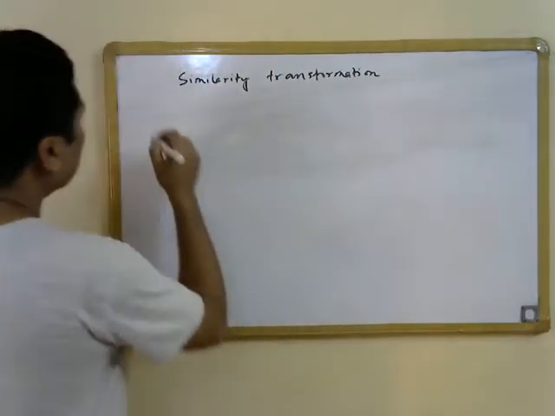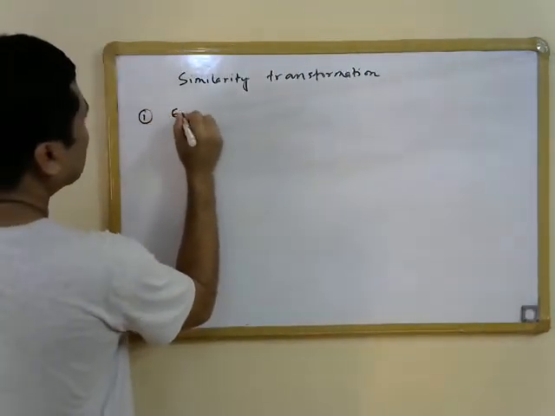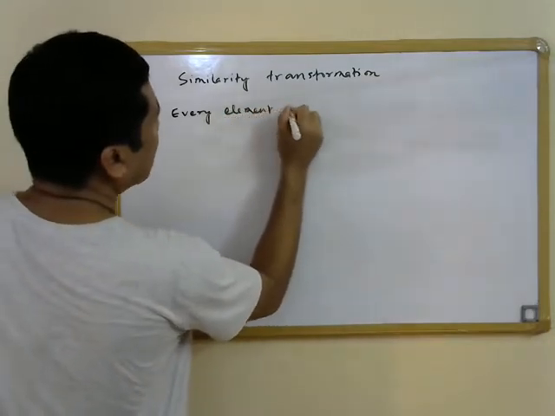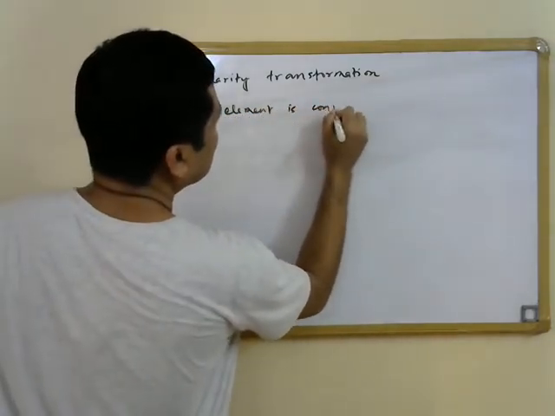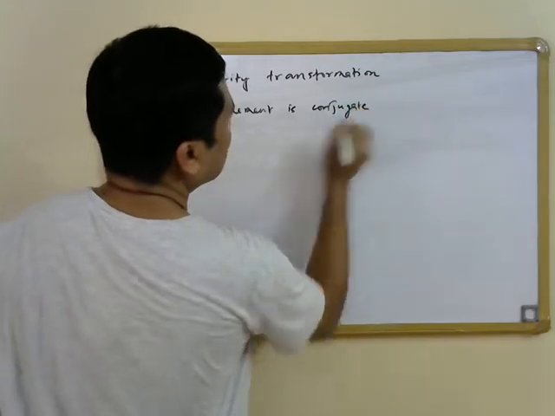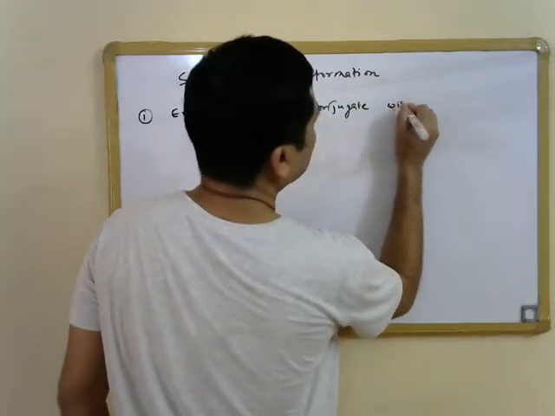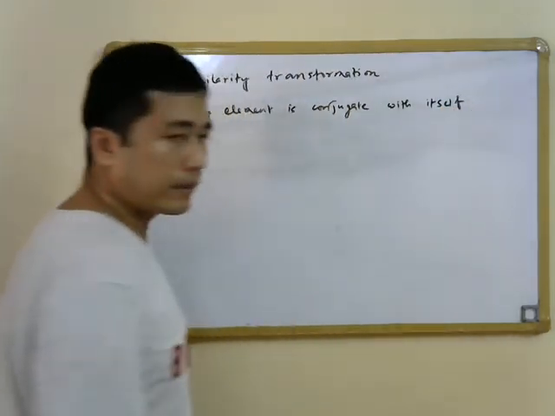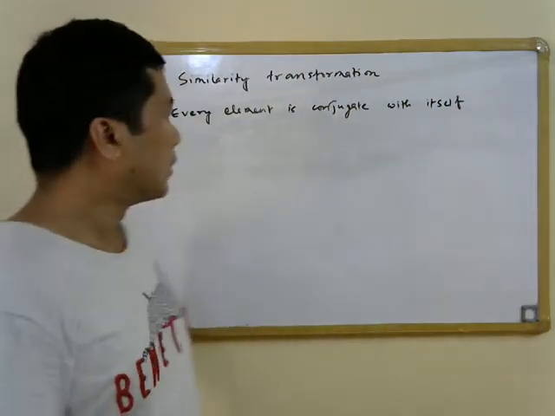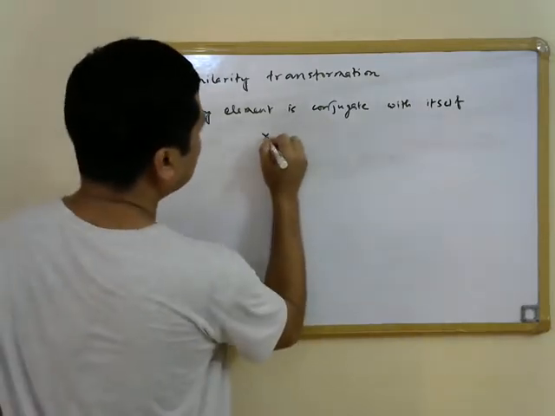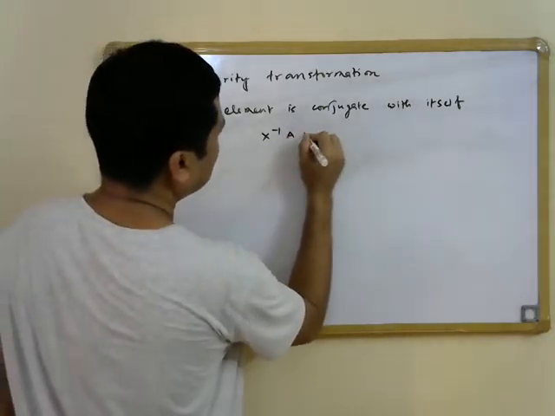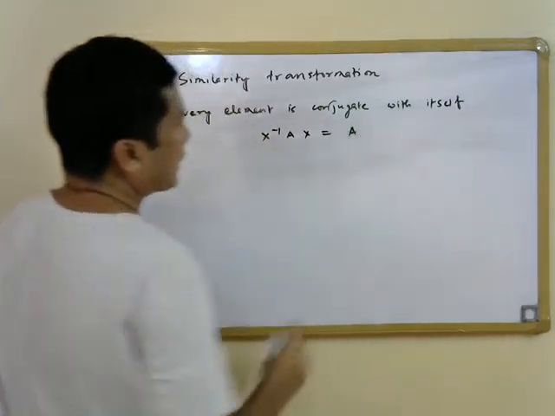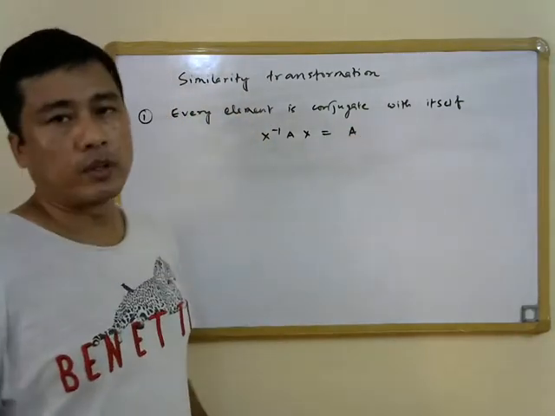The first relation says that every element is conjugate with itself. So every element is its own conjugate. That means when we do the similarity transformation, we will get the answer equal to A only.